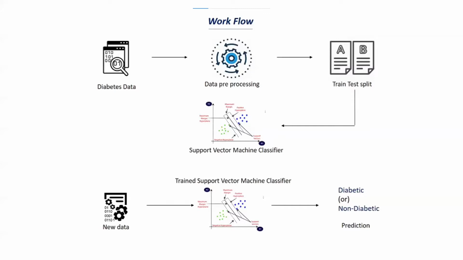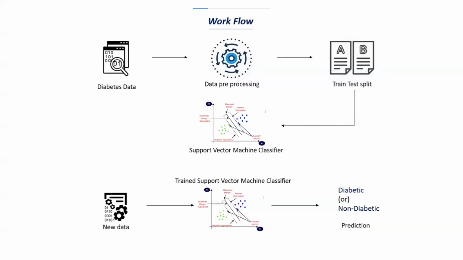We will be using a classifier model, which will classify whether the patient has diabetes or not. Once we train, we have a trained SVM classifier, or support vector machine classifier. So when we give new data, it can now predict whether the patient is diabetic or not. This is the workflow we will be following for this project.